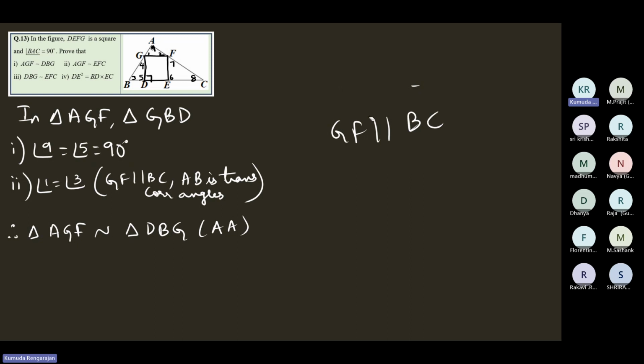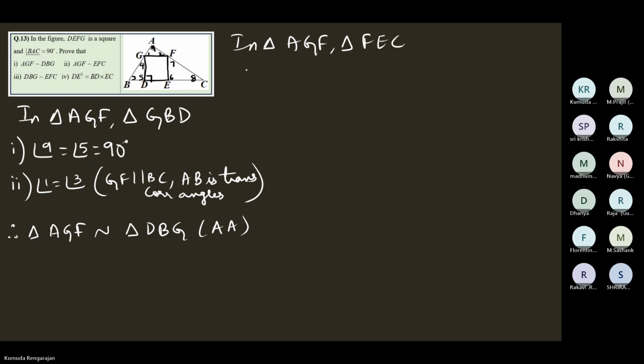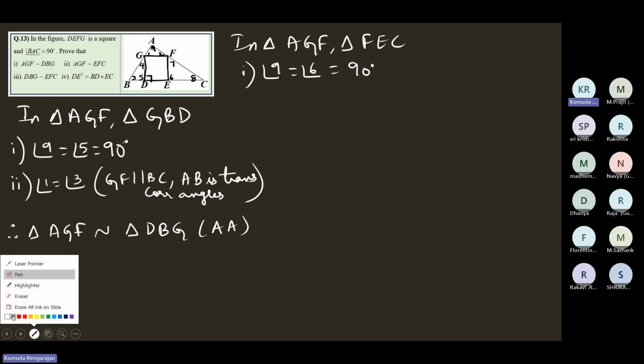The second one also will go somewhat like this. Tell me. In triangle AGF and triangle FEC, angle 9 is 90 degrees in AGF and angle 6 is 90 degrees in FEC. 6 is 90 because this one is 90.